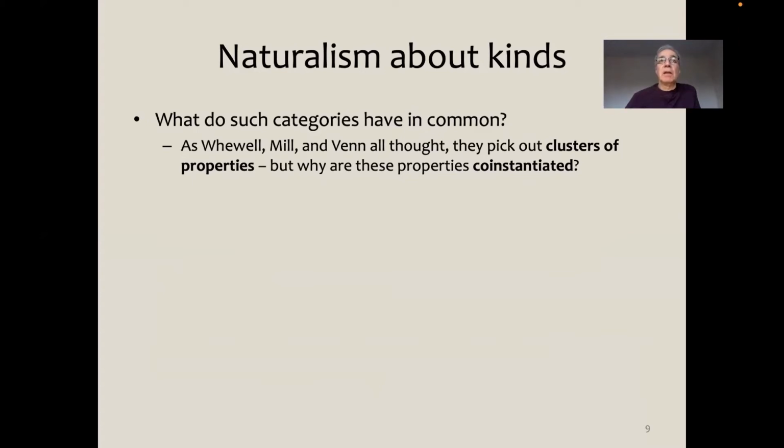So the categories that a natural classification scheme divides a certain domain into, each of those categories is characterized by a number of properties that are all associated together. But you might say, why are these properties co-instantiated? And I think the answer that some philosophers at least give is a causal one. These properties tend to be causally linked.